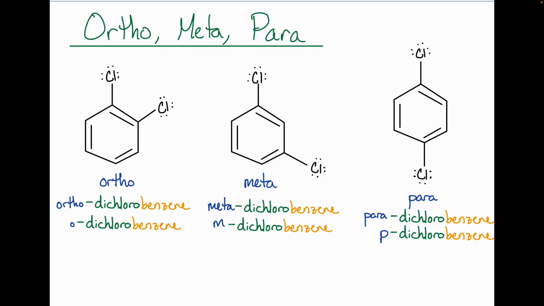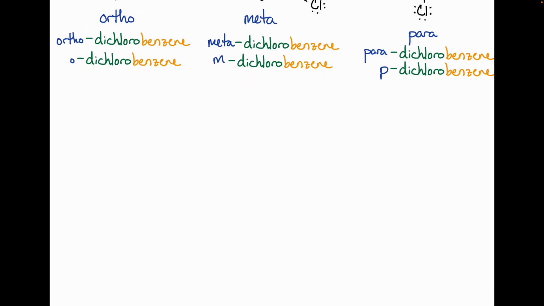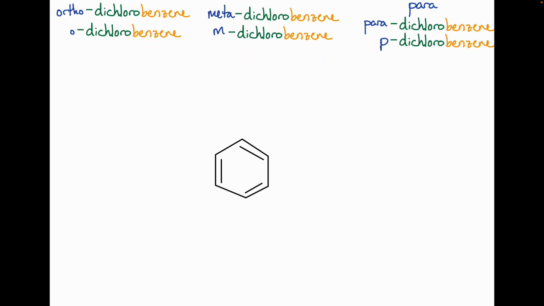So we have this unique system for benzenes to indicate the spacing of two substituents. When they're right next door to one another, we call those ortho. When they're one removed from one another, we call those meta. And when they're on opposite sides of the ring, those are the para isomer. So how are we going to keep track of these positions in our brain?